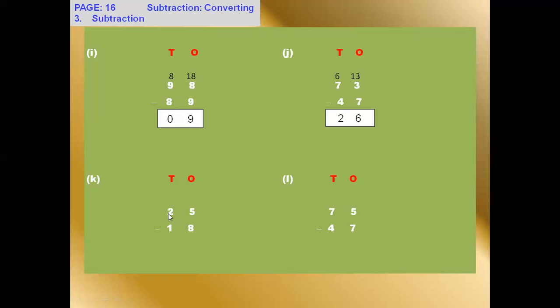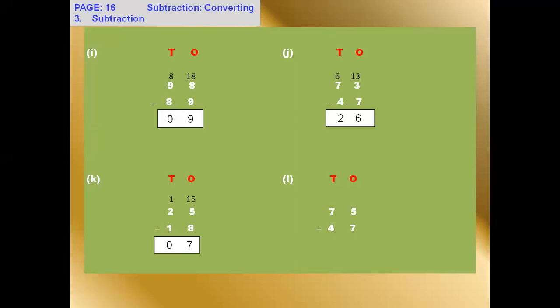So 5 becomes 15 and 2 becomes 1. So 15 minus 8. Draw 15 lines and then cut 8. So the answer will be 7, and 1 minus 1 is 0, which means the overall answer will be 7. 25 minus 18, the answer is 7.